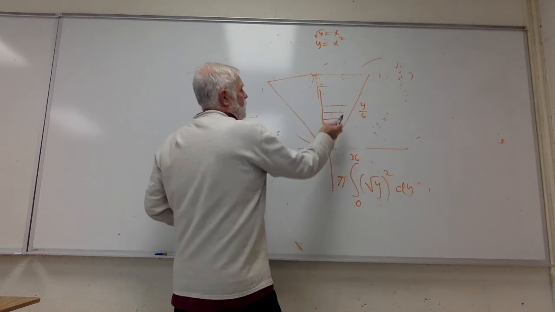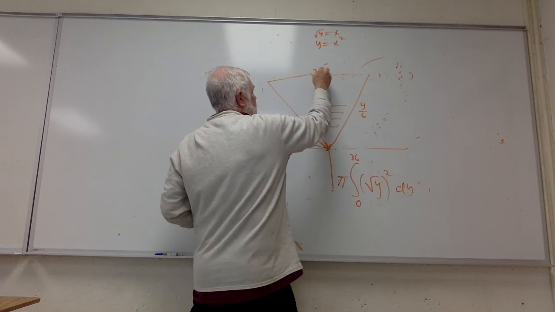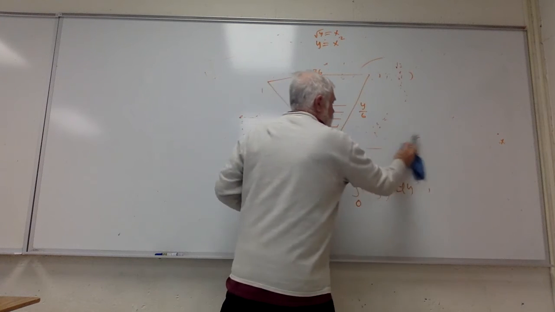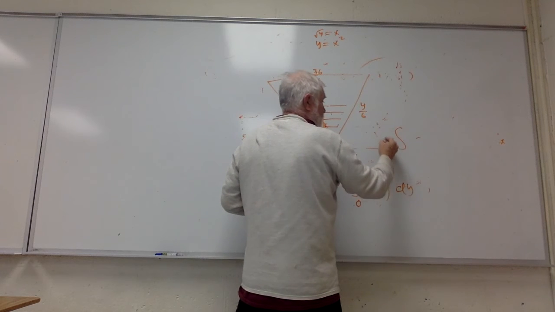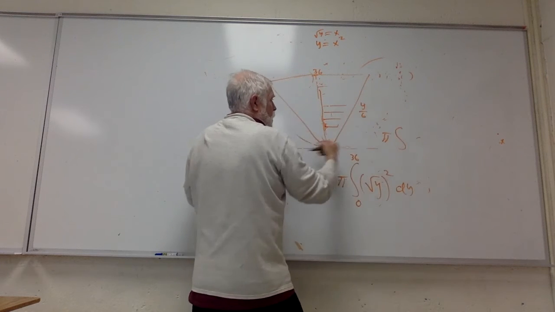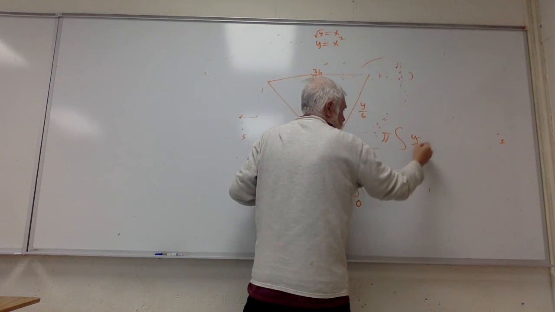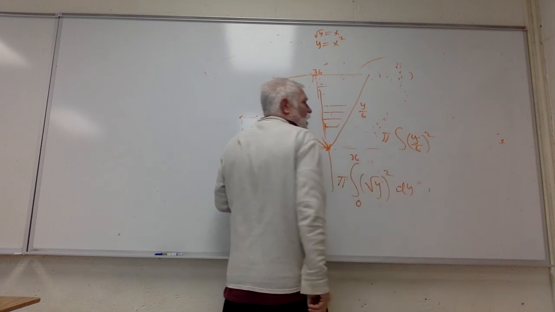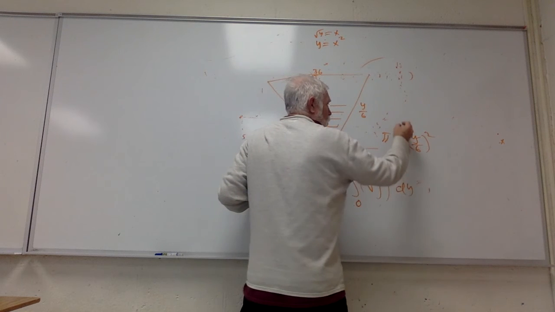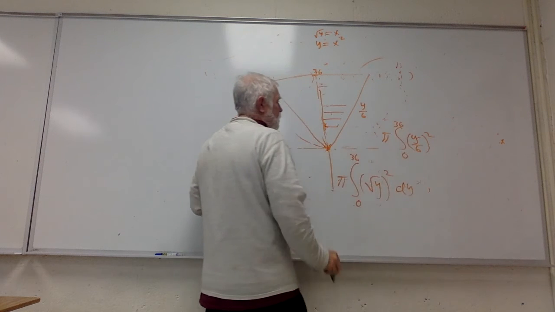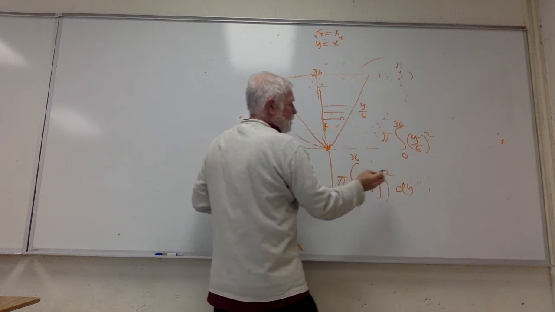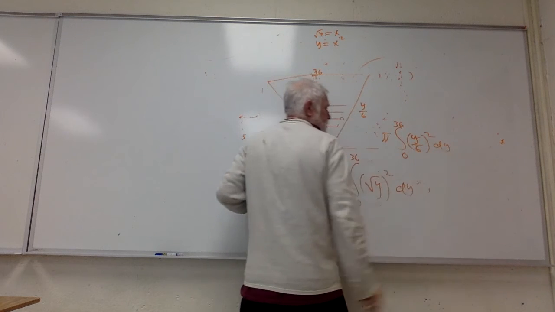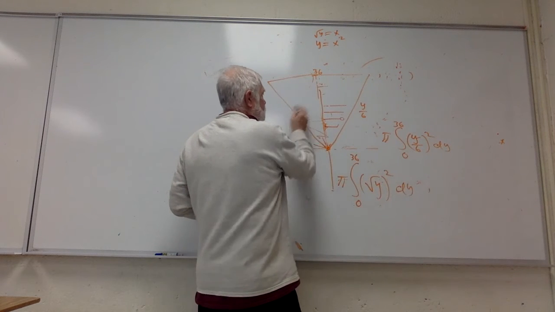That's a little better. Still 36. Looks like that one has a pi, with a radius squared from 0 to 36. A little bit of thickness right there. And that gets me that.